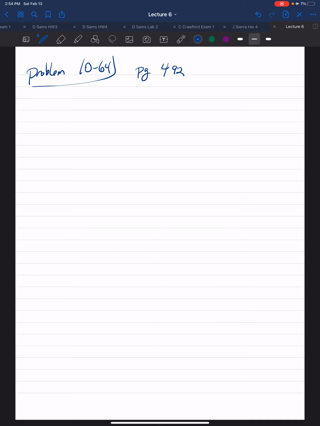Segment AC has a diameter of 0.5 inches, and segment CD, the diameter is 1 inch.